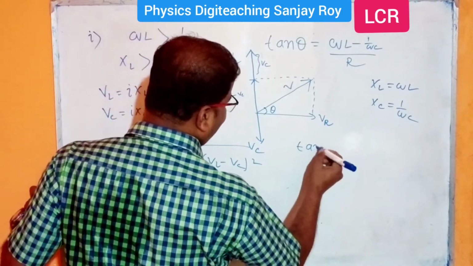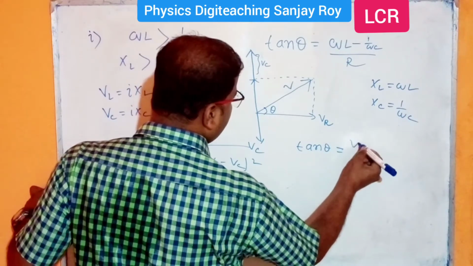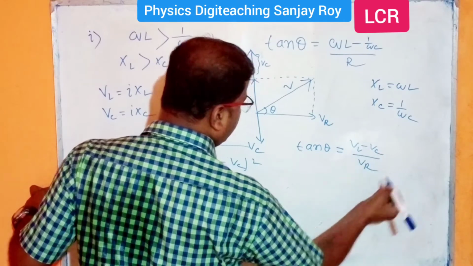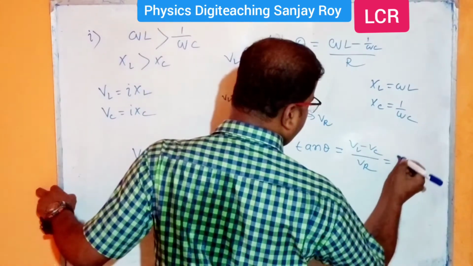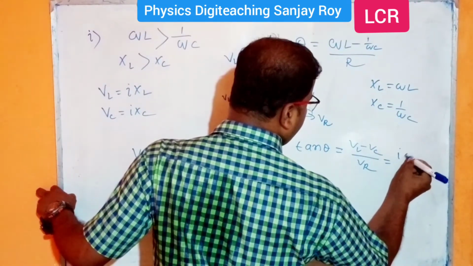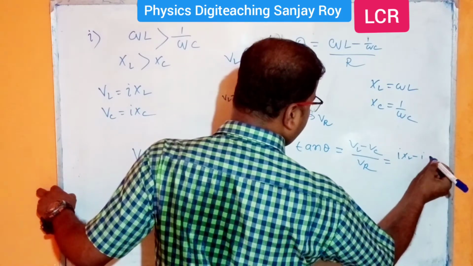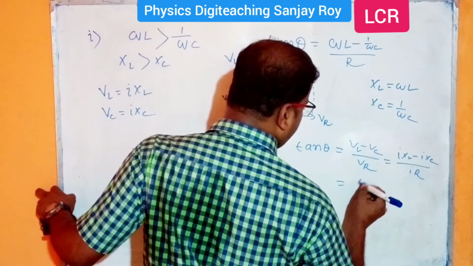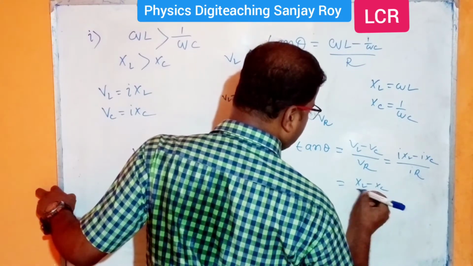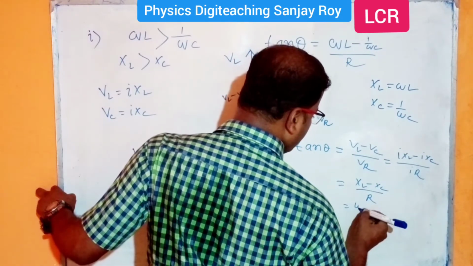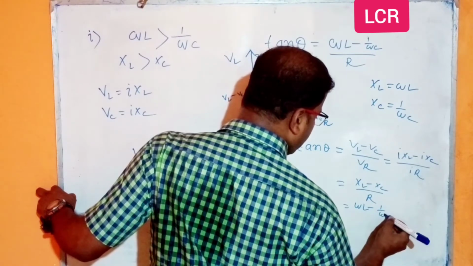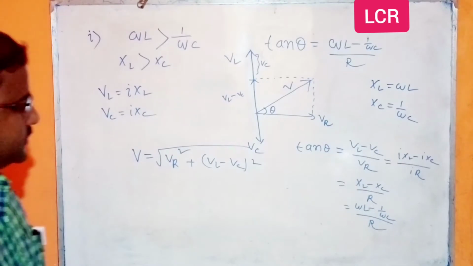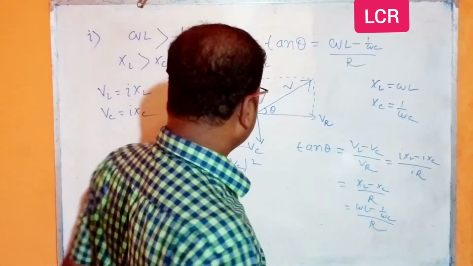Here tan theta equal to VL minus VC divided by VR, which gives I into XL minus I into XC by I into R, and XL minus XC divided by R equal to omega L minus 1 by omega C by R, which we got earlier.